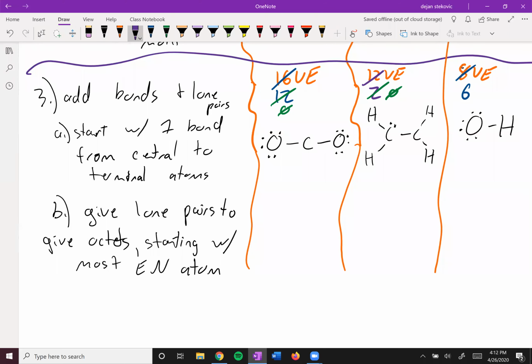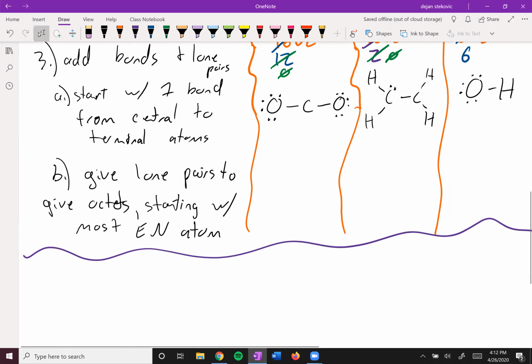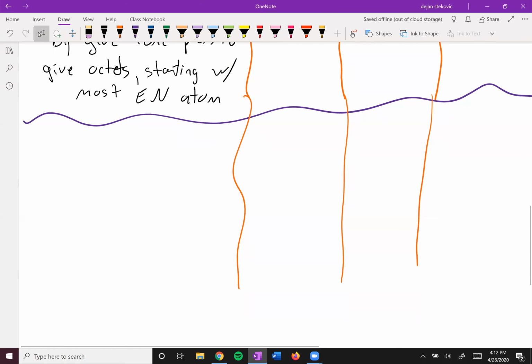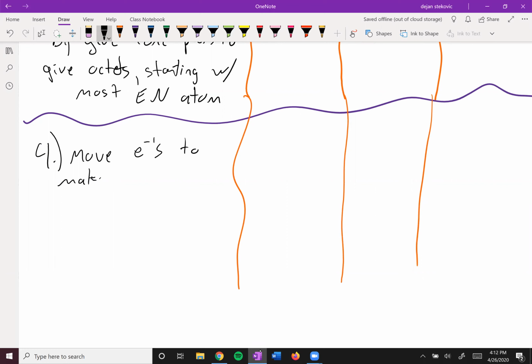But if you look at our first 2 structures, our carbons don't have octets. So let's see how we're going to correct that. So in step 4, we're going to move electrons to make atoms happy.